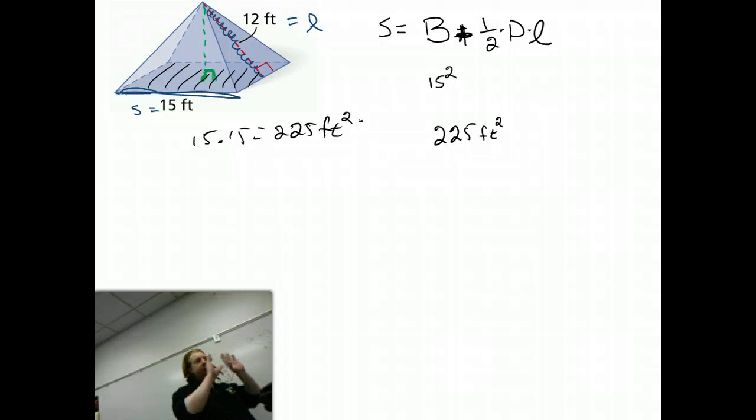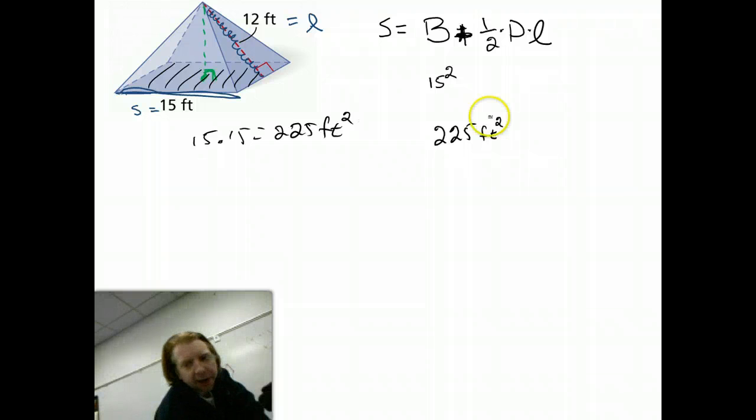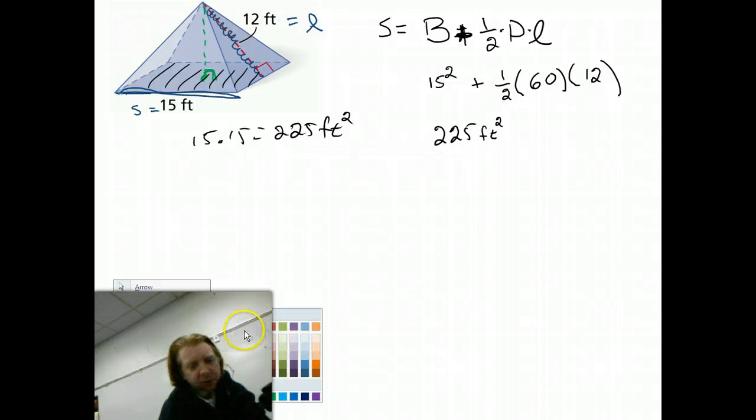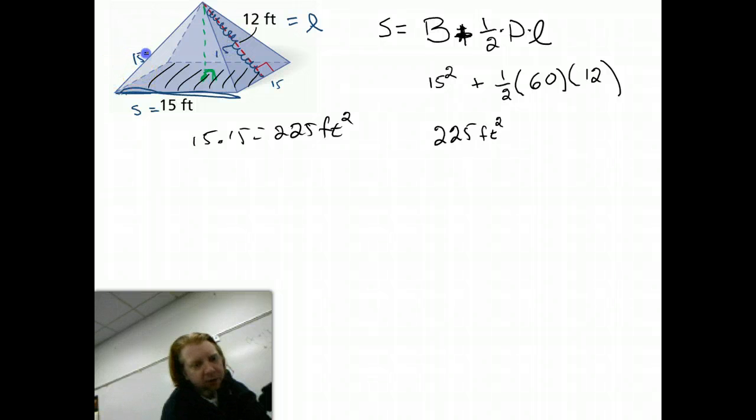Now, the four triangles, you call it the lateral area, the wraparound, the four triangles all leaning on each other, they get all done together in this half perimeter, which is 60 feet, times the slant, 12. Now, it's 60 because that's 15 plus 15 plus 15 plus 15. It's 15 here, it's 15 here, it's 15 along the back, it's 15 down this here.